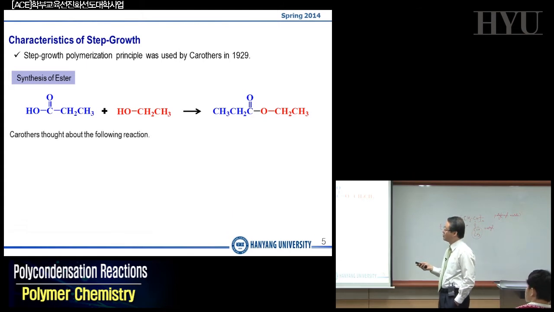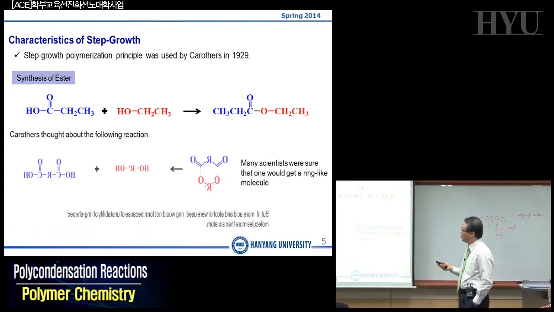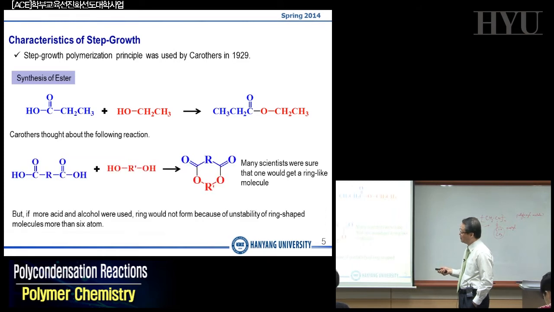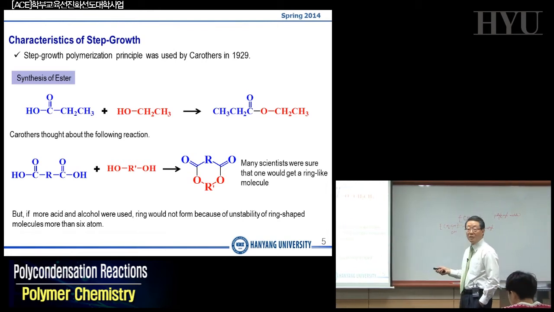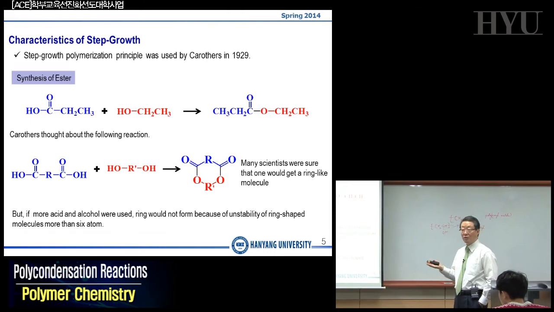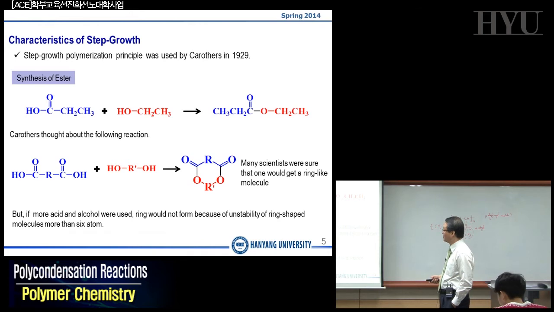However, Carothers was thinking about the reaction where you have 2 carboxylic acids instead of 1, and 2 alcohols instead of 1. You may form some sort of a cyclic ester, the diester, and this was very typically known at the time. There was no polymerization reaction, but you form some sort of diester.